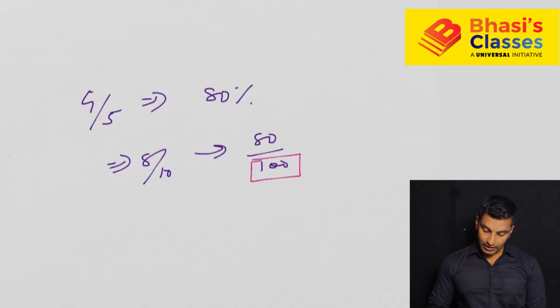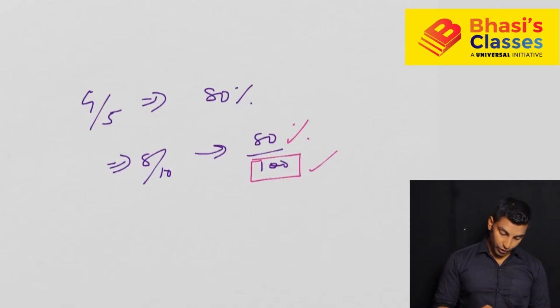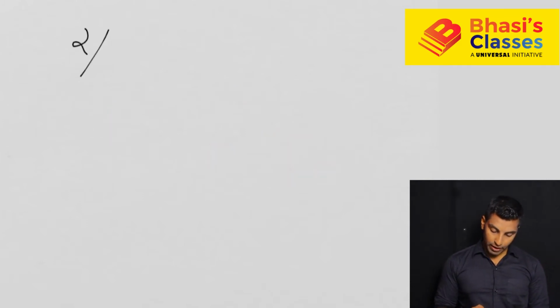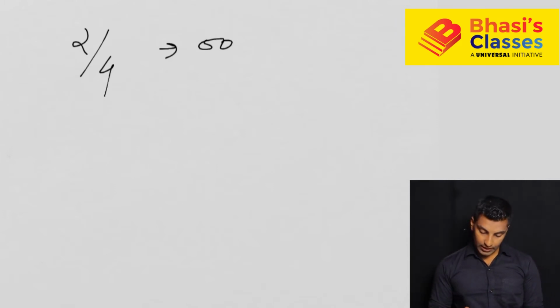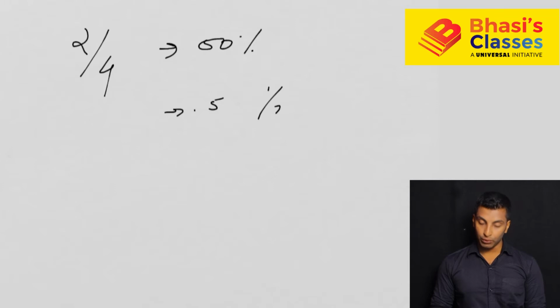So if the denominator is 100, like here, this you can write as 80%. Okay, so I hope this is clear for you. Now if you have 2 by 4, this is a fraction, this is a ratio, so this is nothing but 50%, right? 2 by 4 is nothing but 0.5. Okay, so 0.5, because this is 1 by 2. 1 by 2 is 0.5 or 50%.